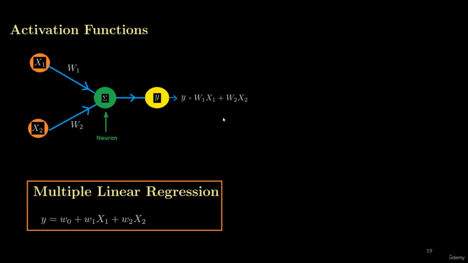Now, if we compare this equation with the equation of multiple linear regression, both equations are very similar. The only difference is that if I add a bias term here, then these two equations become exactly equal.